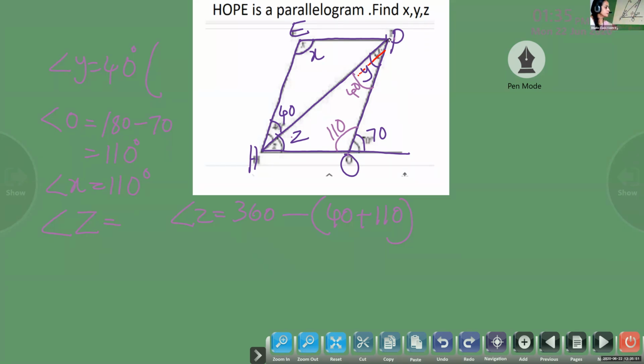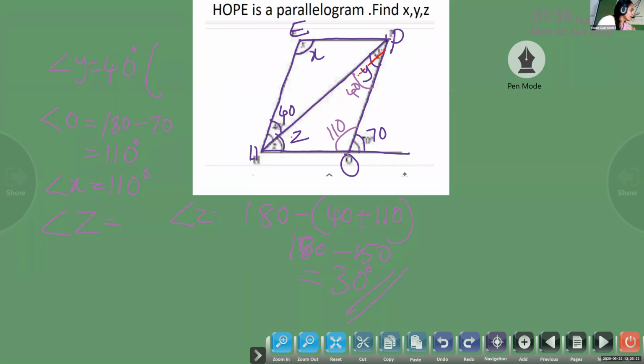Oh, and triangle is 180, correct. Sorry. Good. 180 minus 150 is 30 degree. 30 degree, correct. Good.